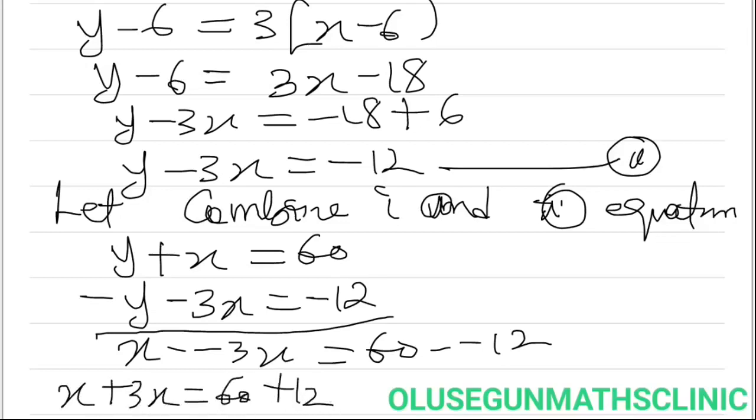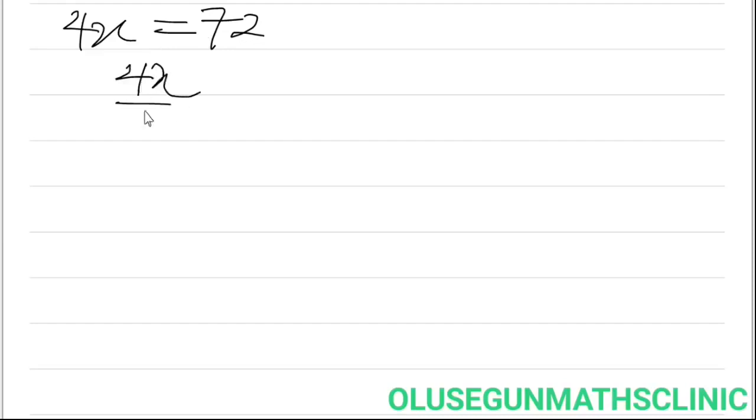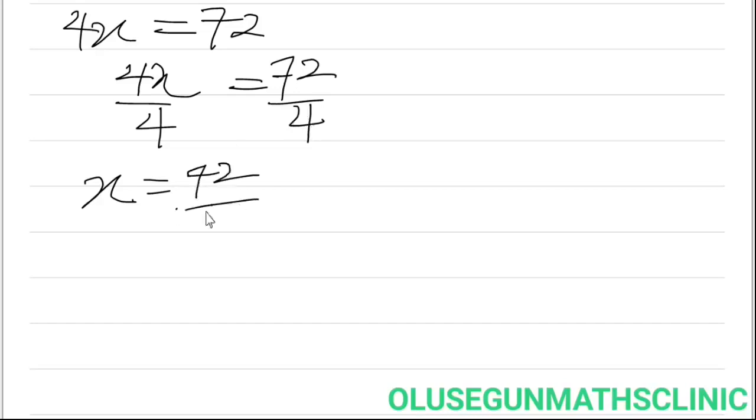So if you have something like this, you now have 4x is equal to 72. So we have 4x divided by 4 is equal to 72 divided by 4. x is equal to 72 divided by 4, which is equal to 18 years.